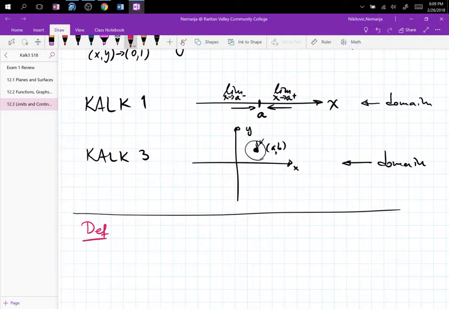So what is the definition of the limit in 3D? So we have first the notation. I had this already.